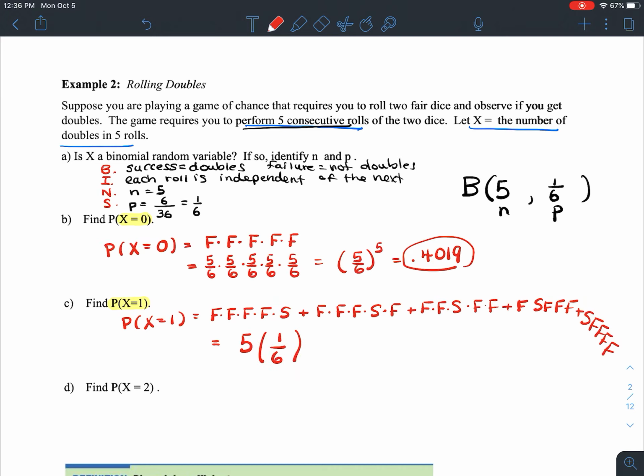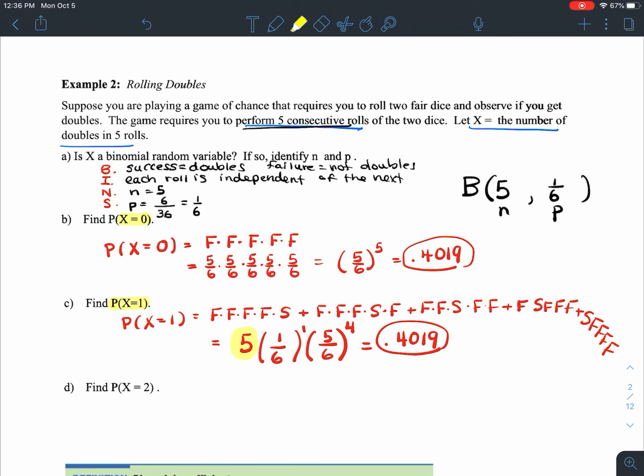Okay, now remember, the probability of getting a success is 1/6. We want the other 4 to be failures, so 5/6, and I'm going to put the exponent of a 4. Now, it's just a coincidence that this particular answer comes out to the exact same probability that we have here for none of them being doubles. Okay, but I want to focus on this 5 right here.